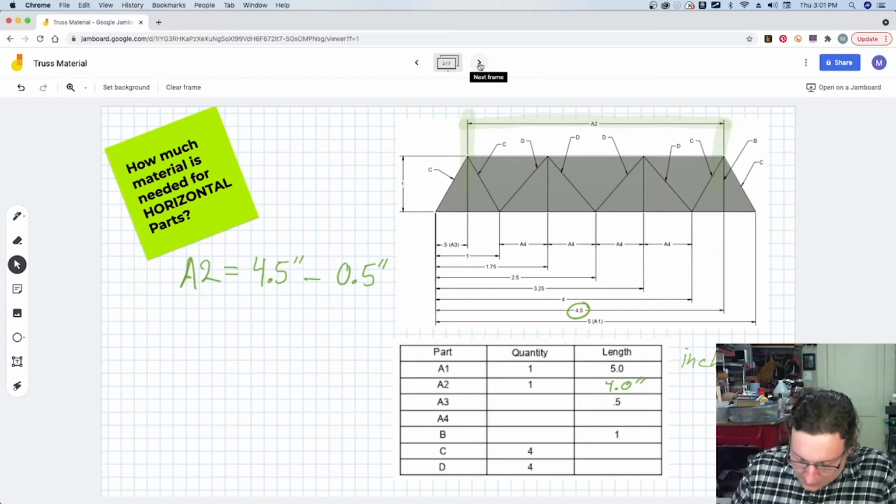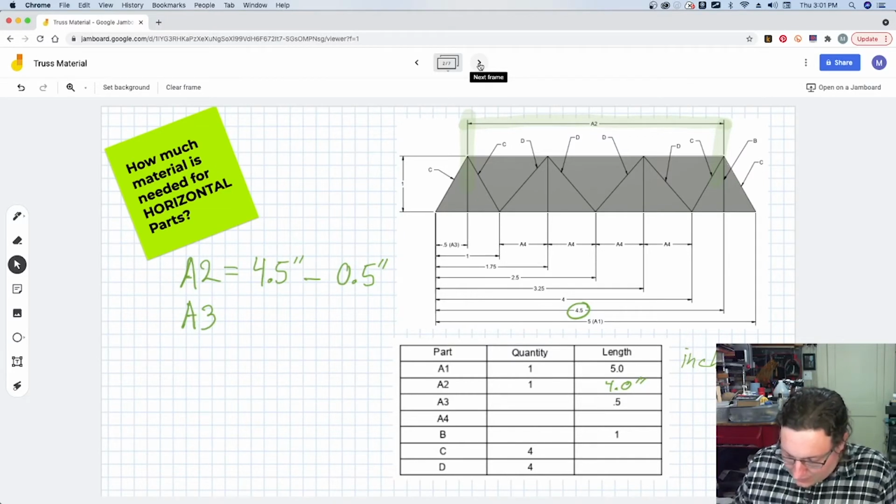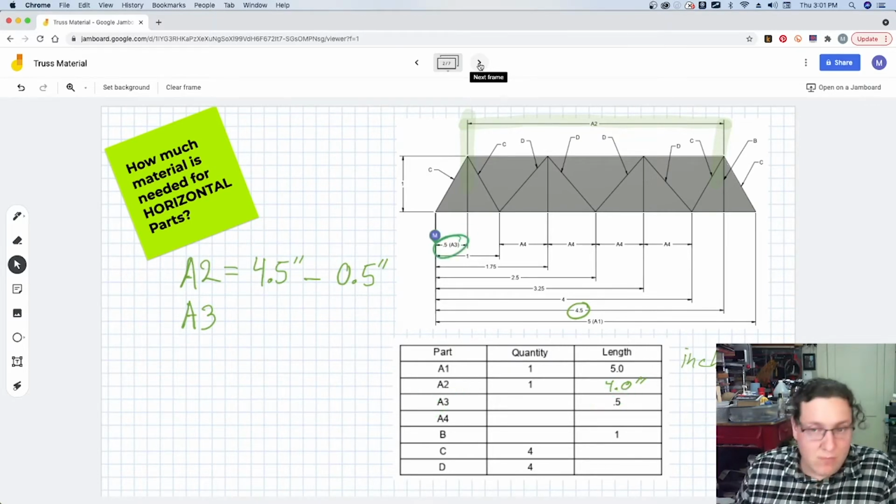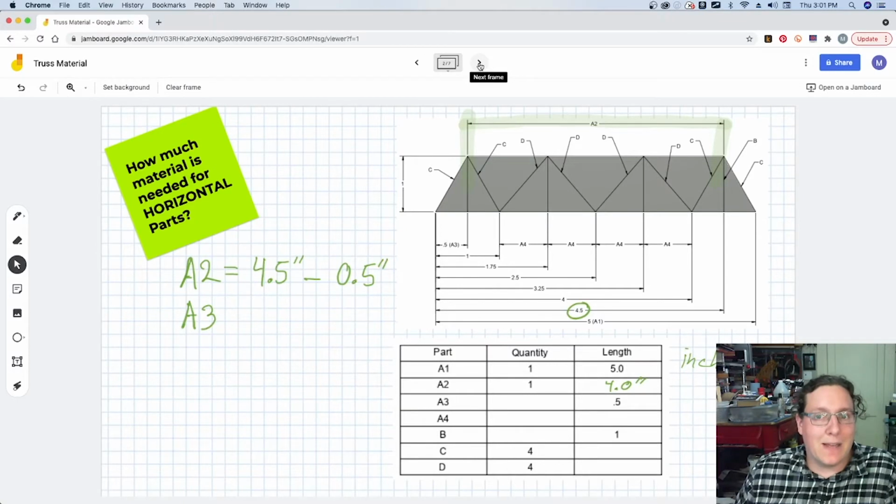The next one that we need to recognize is going to be A3, and we can already see that in the table, we already know the length, and we can actually see that's labeled right there in the technical drawing. But what's left is figuring out how many times we have that A3 measurement.